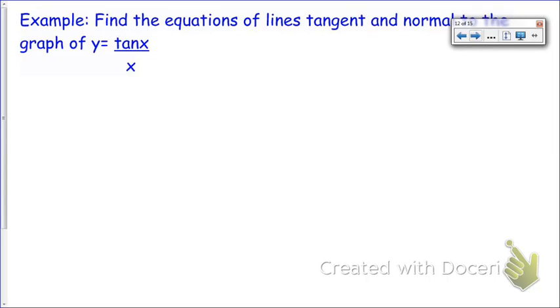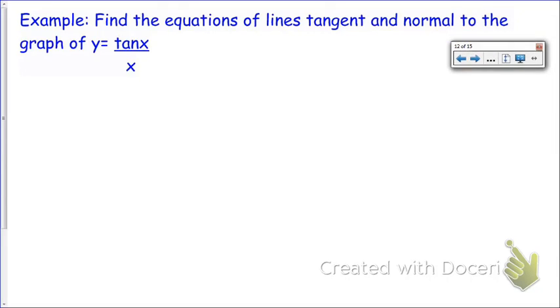Here's another example. Find an equation of a line tangent and a line normal to the graph of y equals tangent of x divided by x. Let's focus on our derivative, and let's find it at the point x equals pi over 6.